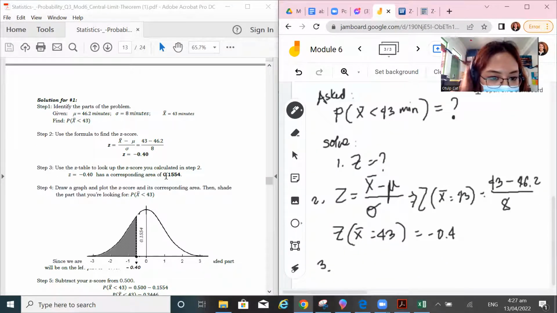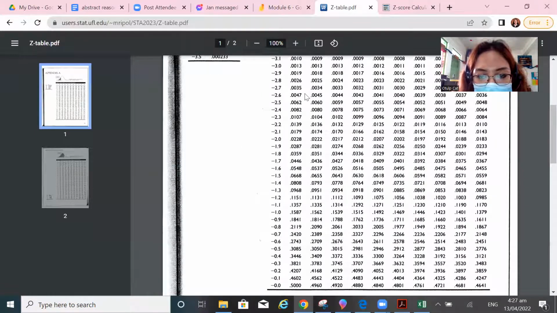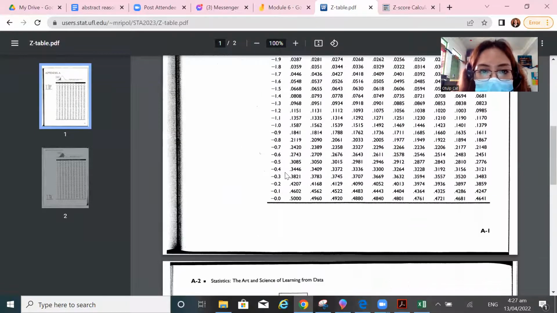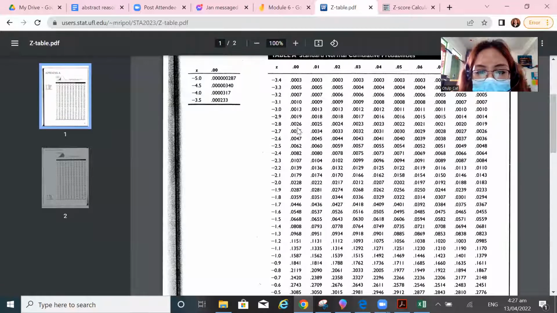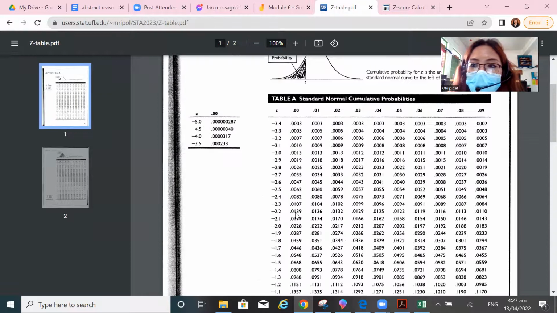Negative 0.4, for nearest. Where is 0.4? Yes. Okay.